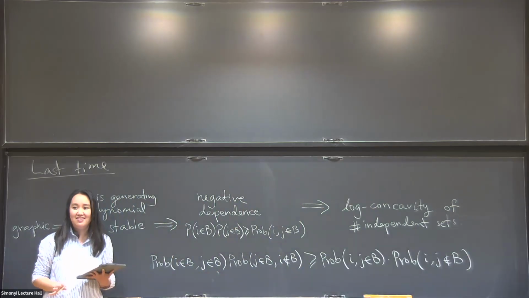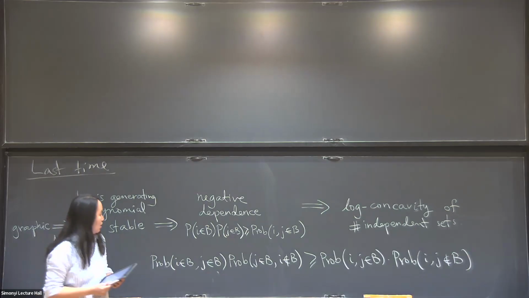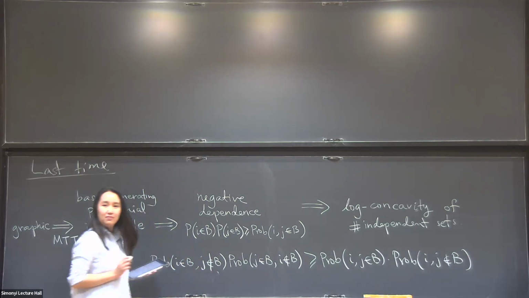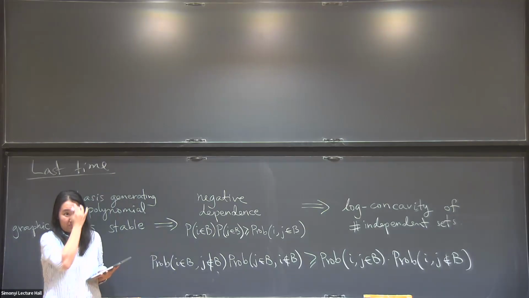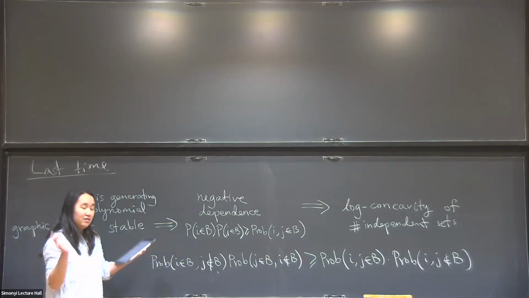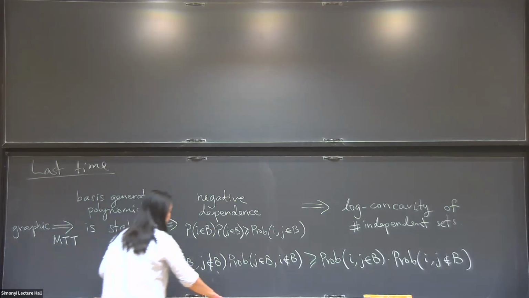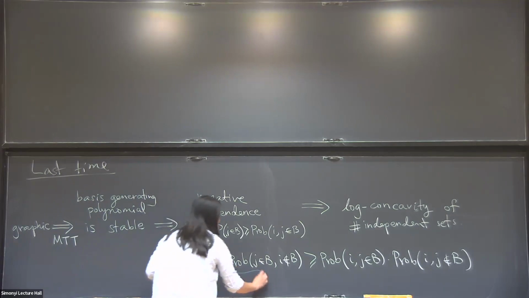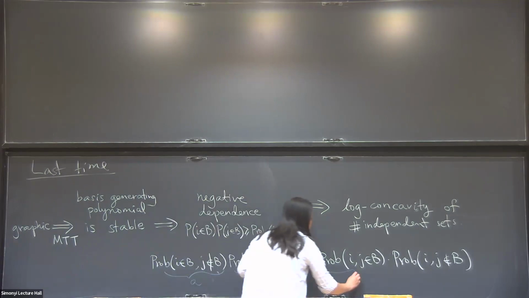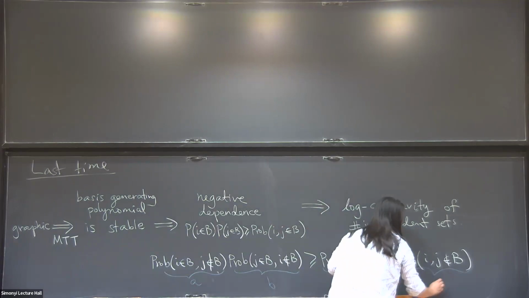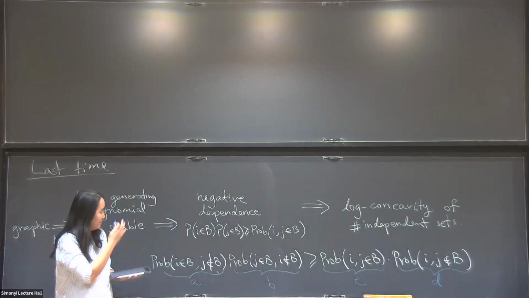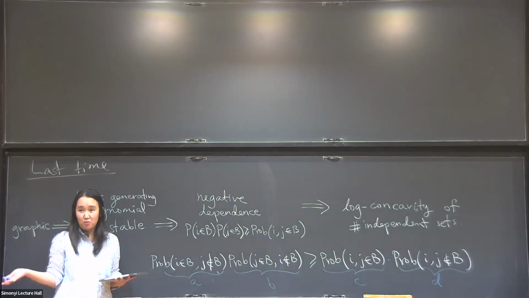So it was part of the last problem. Has anyone done that? The first term should be J not in B. Oh, sorry, yes, this one, thank you. This is actually just algebra. I could name this quantity A, this quantity B, this quantity C, and this quantity D. These are such that A plus B plus C plus D is equal to 1.